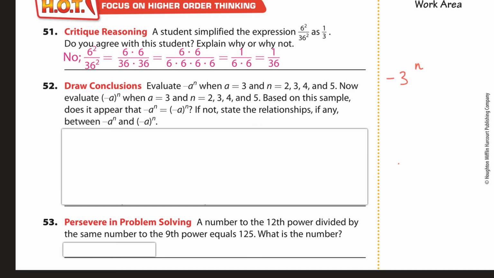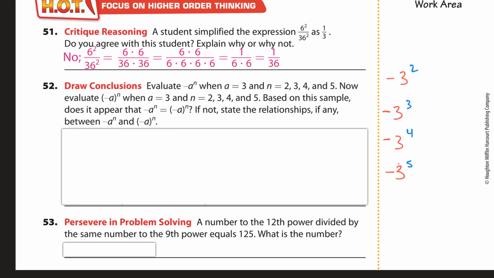And n is 2, so it's negative 3 to the second. I'll put that in a different color. Then it's going to be negative 3 to the third, and then negative 3 to the fourth, and negative 3 to the fifth.